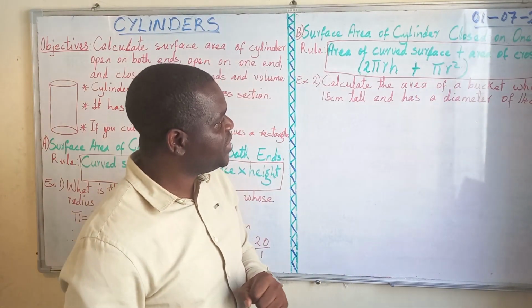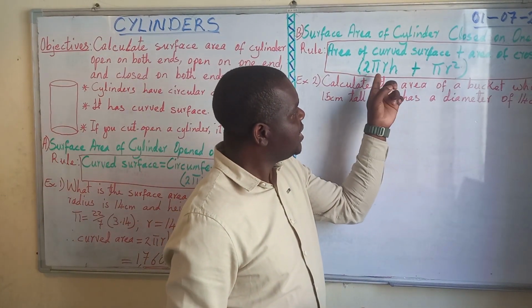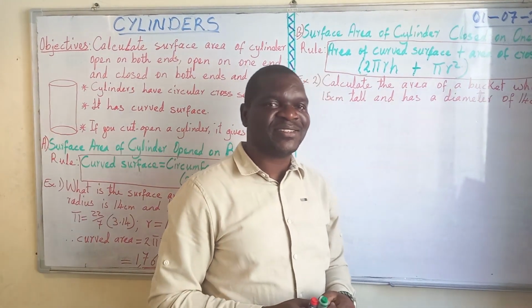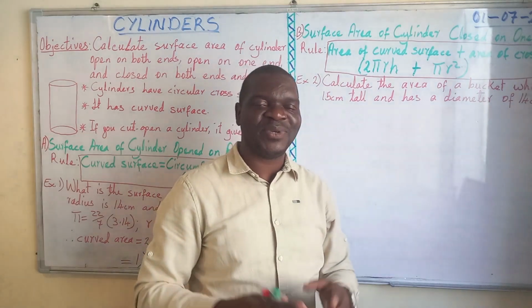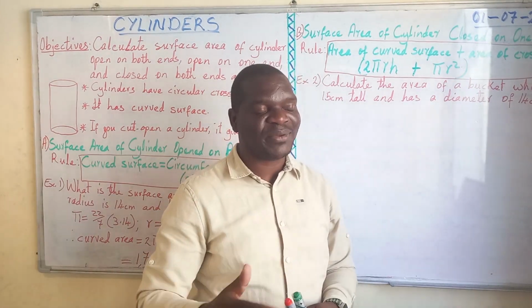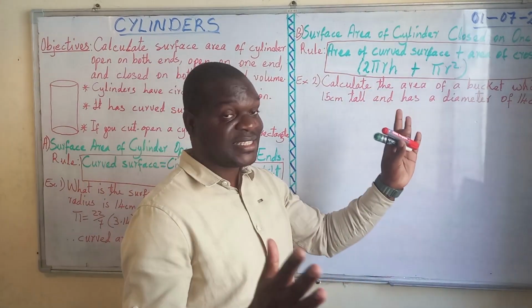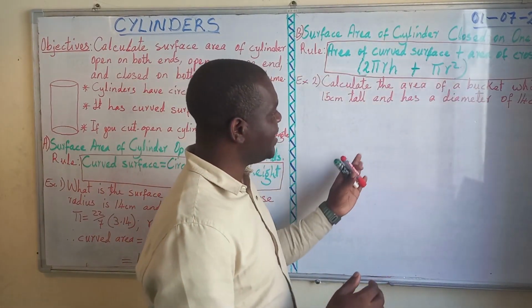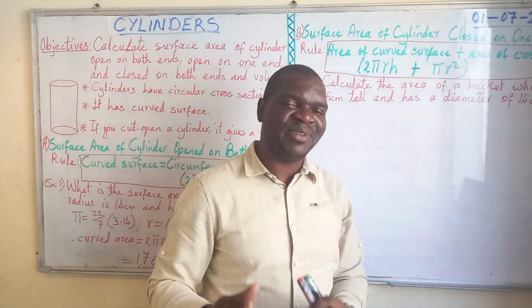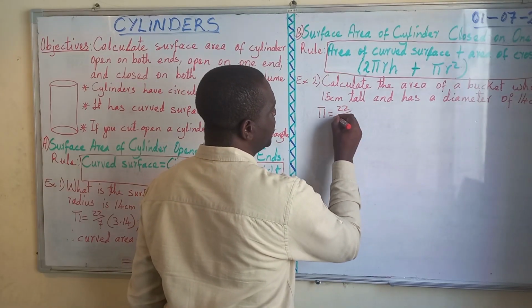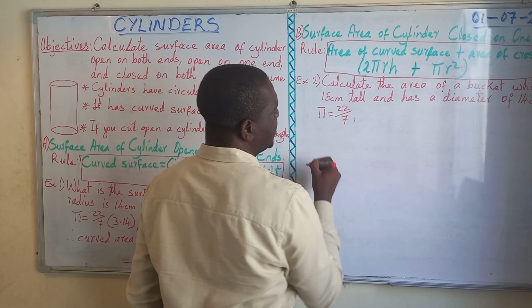But there is another trick here. Instead of mentioning the radius, they've mentioned the diameter. And with our knowledge of circles, we know that if the diameter is given, we can use this diameter to calculate the radius. So let us first of all identify all we need, and then we move to simplify where necessary. Pi is 22/7. That is 1.